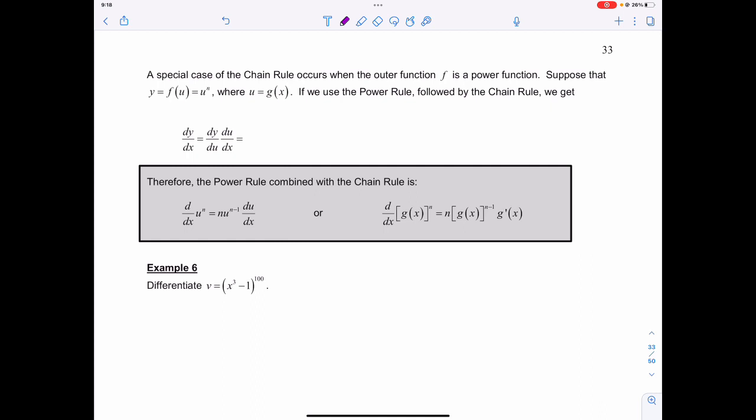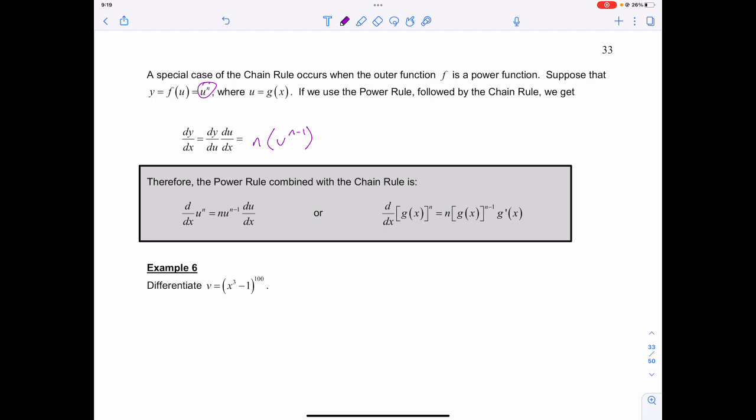A special case of the chain rule occurs when the outer function is just a straight power function. Suppose that you get y is equal to f of u, which is equal to u to the power of n, where u is equal to g of x. If we use the power rule followed by the chain rule, then if we're taking u to the n, we know based on the power rule that that is going to give n multiplied by u to the power of n minus 1.